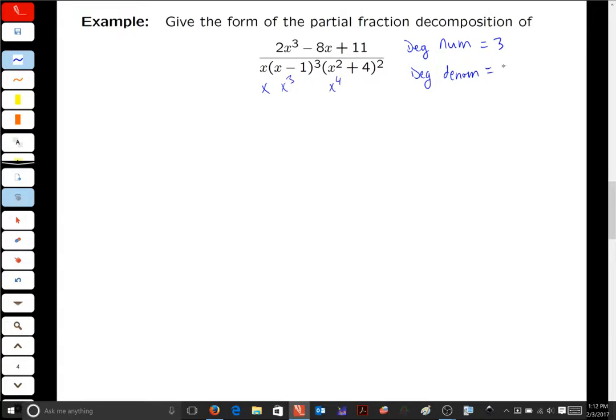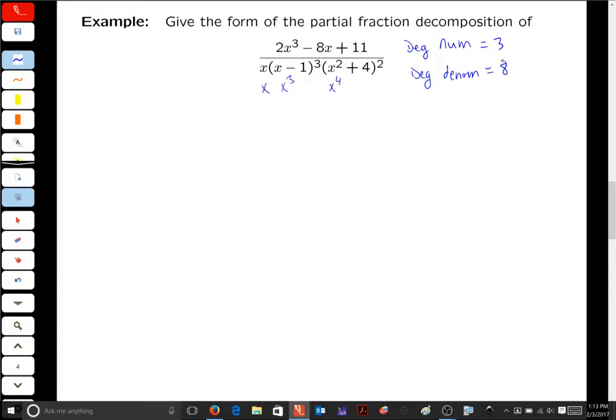Yep. So looking at that, is this an improper fraction? No. So I don't have to worry about that first step. What does the second step on your sheet say? Factor the denominator. Is my denominator factored? Yeah, I factored it. You can't factor it any more than that.